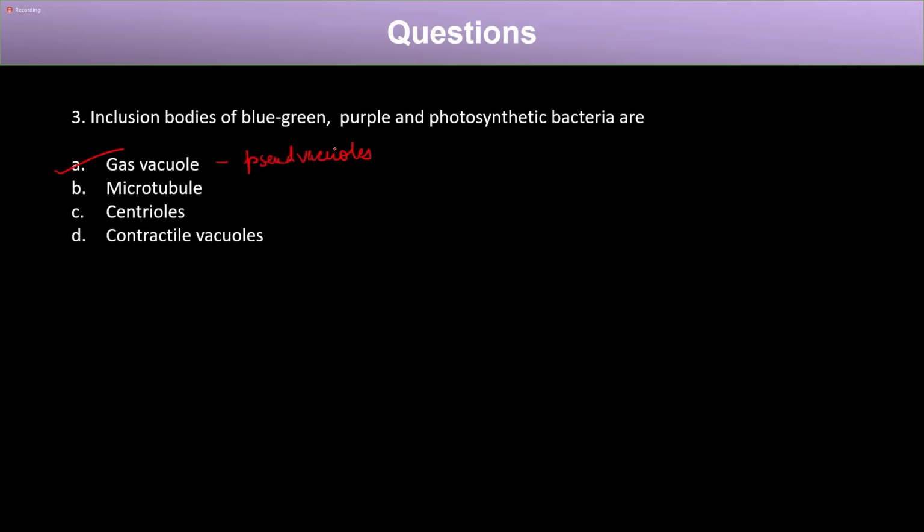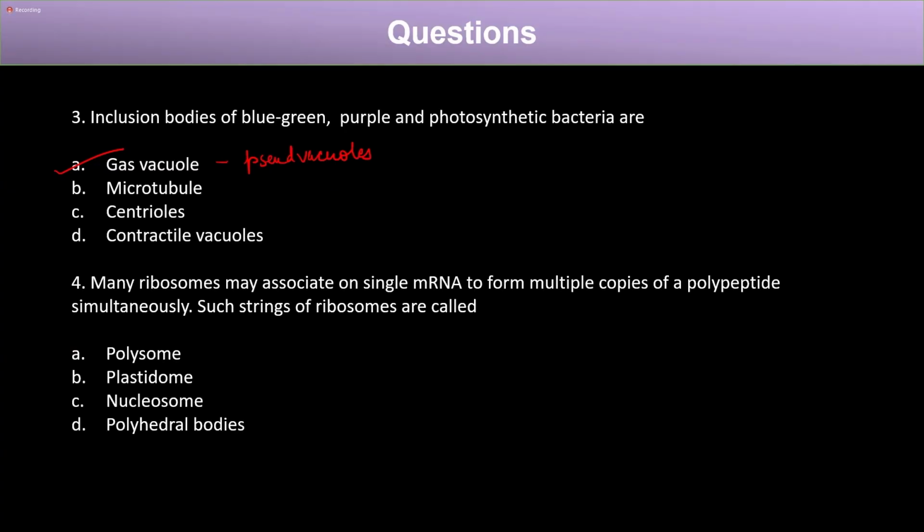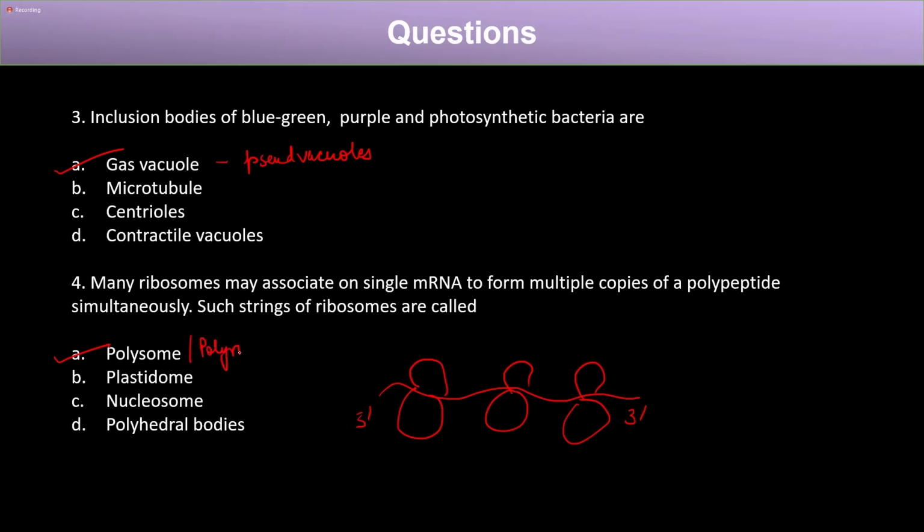The next question is that many ribosomes may associate on a single mRNA to form multiple copies of polypeptides simultaneously. Such strings of ribosomes are called. You remember, you have an mRNA and you have multiple ribosomes attached to it. This structure is called a polysome or polyribosome.